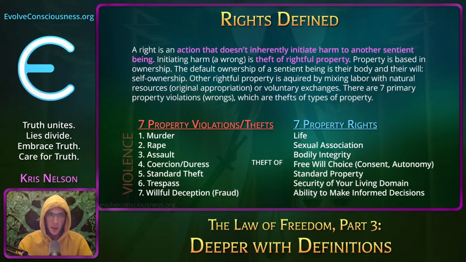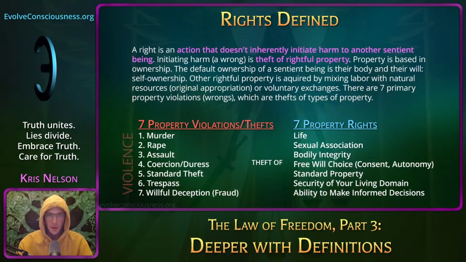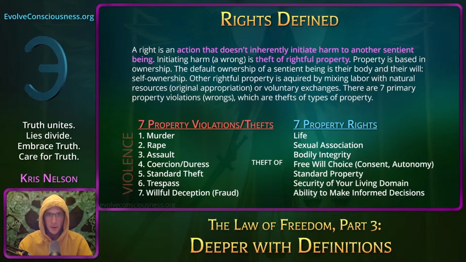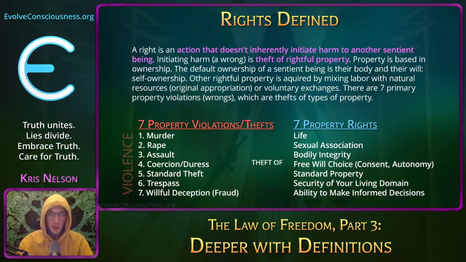There are 7 primary property violations, these are the wrongs, which are thefts of types of property. So the 7 property violations or thefts are murder, the theft of life, rape, the theft of sexual association, assault, the theft of bodily integrity, or you could say bodily well-being, but it's more the physical well-being, not taking into account how your body feels in terms of emotions.